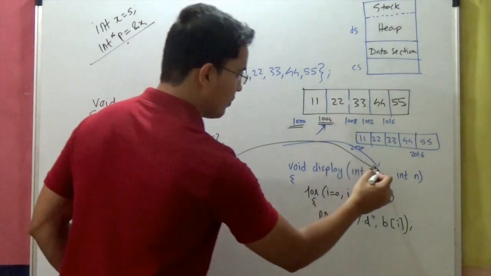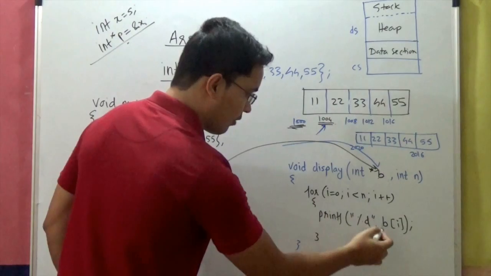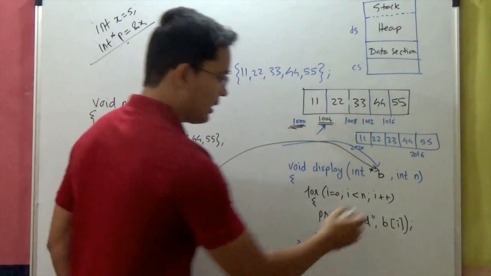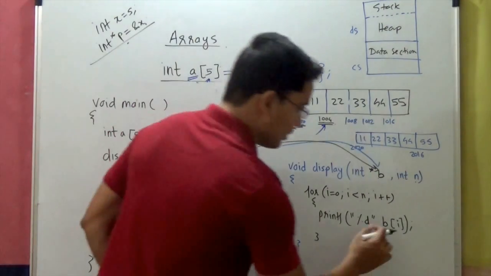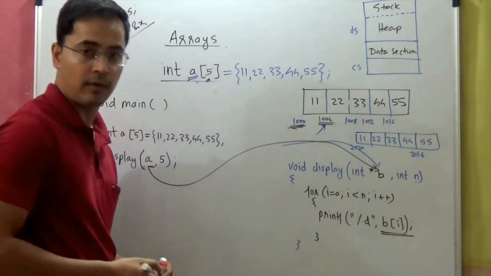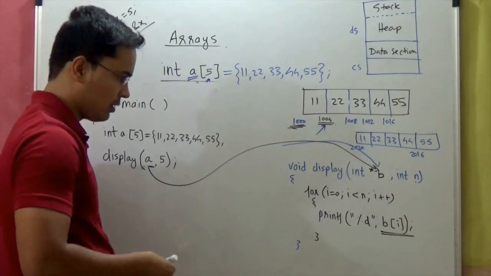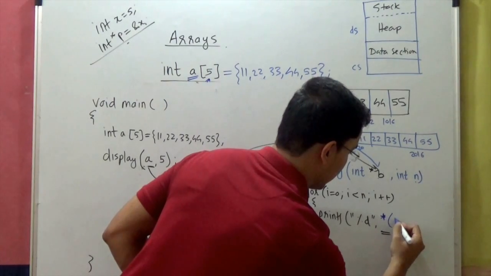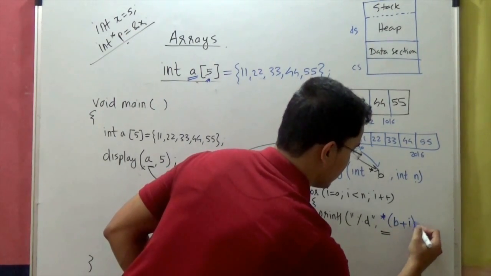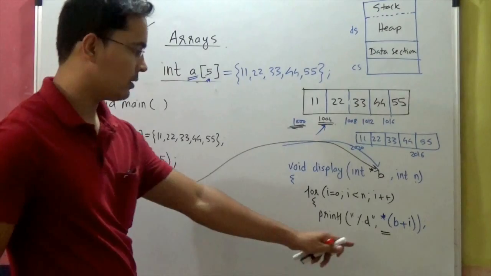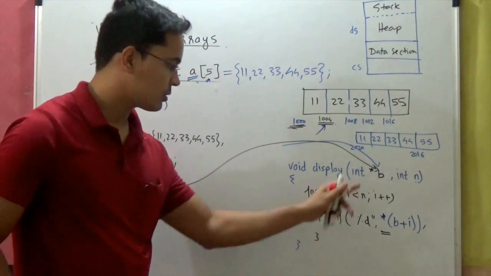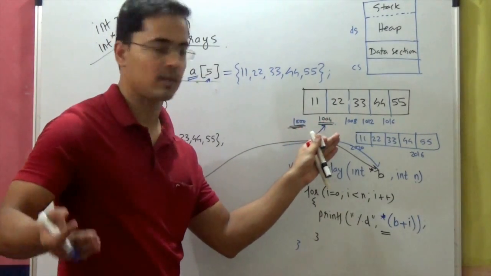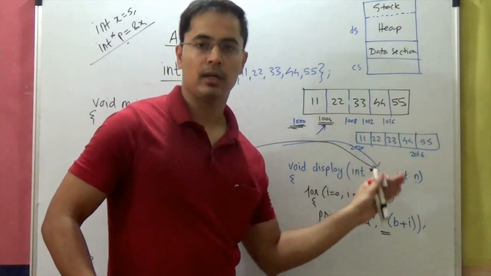So b will show the address 1000. And now if we keep on iterating through b, n will be size 5. So you can use this notation b of I, which is also permitted, or you could use star at b plus I. Right? So you can print the values using b plus I, because the pointer will increment by one step at a time. So it will point to the next possible integer, and we will be able to print all integers.